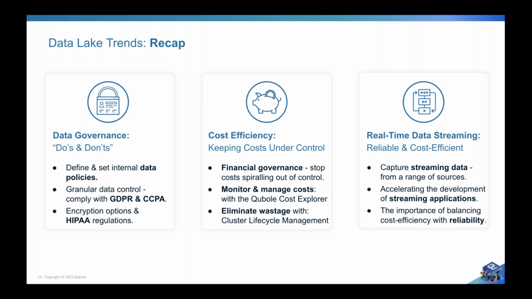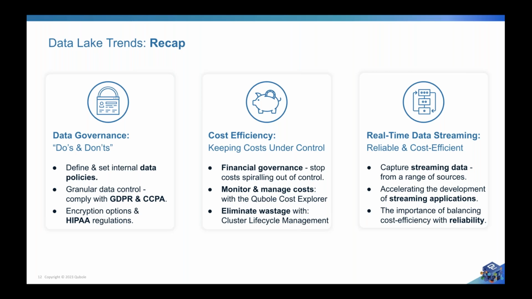Then cost efficiency, you have financial governance. I spoke about governance being at two levels. One is for the data, and the second is for the organization itself, which is planning big data, making sure that you don't overrun on the cost aspects and probably have to shut down the process. So financial governance means monitoring and managing the cost. We have Cost Explorer.